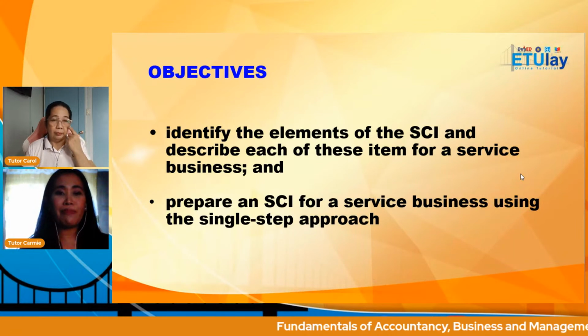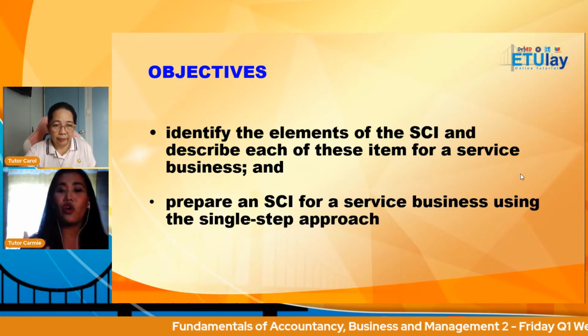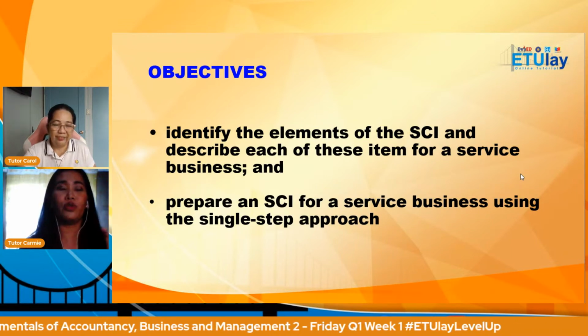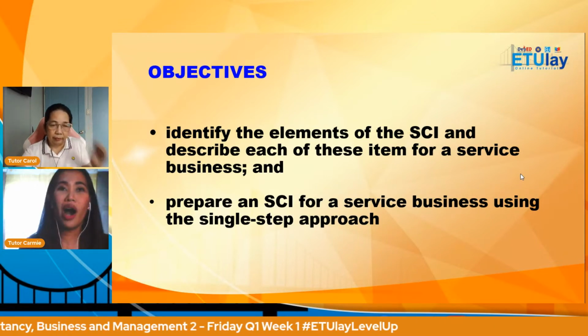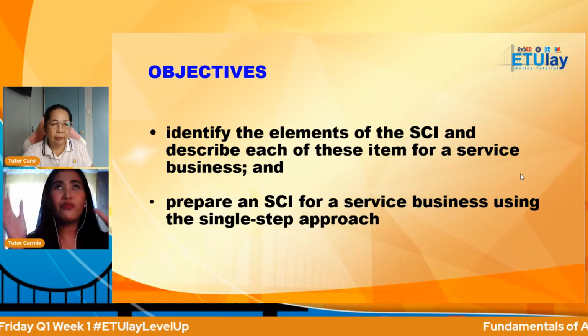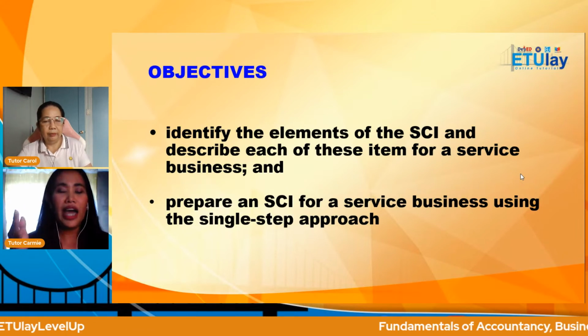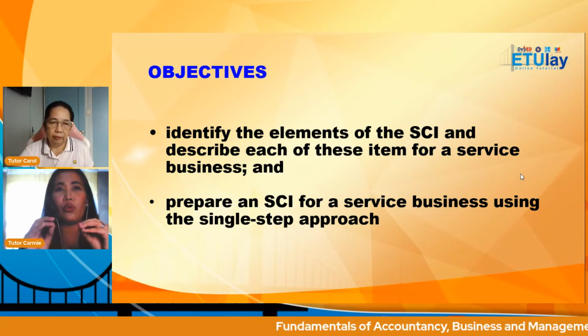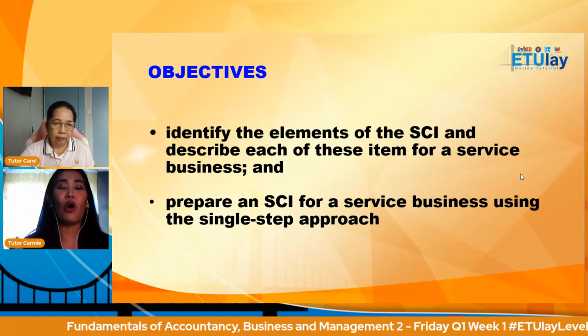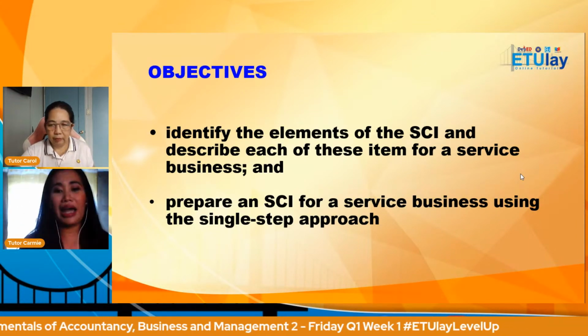Kung napapansin po ninyo, we already of course have a knowledge before dun po sa ating FABM 1. Gumawa na po tayo dun ng mga financial statement. But for this episode po, we are going to hihimayin po natin. Bibigyan natin ng emphasis yung bawat financial statement po na ating pong pag-aaralan.